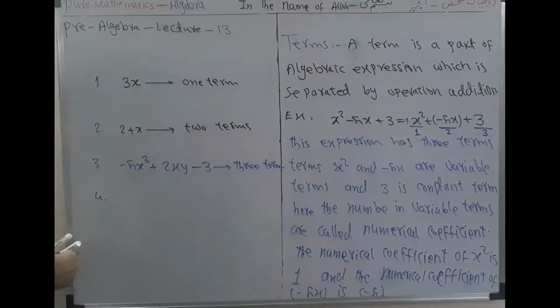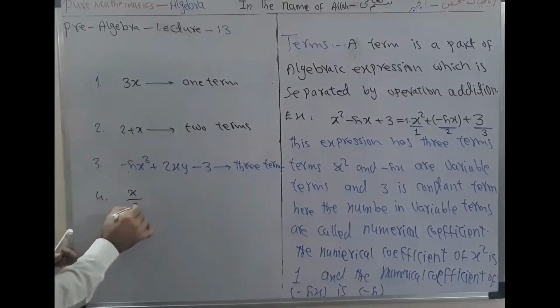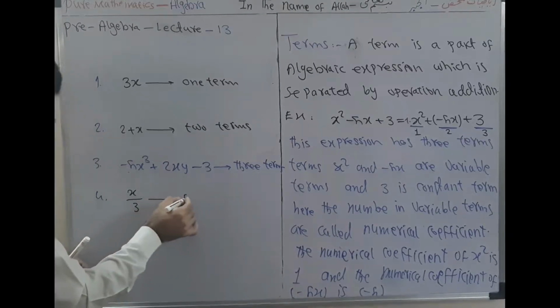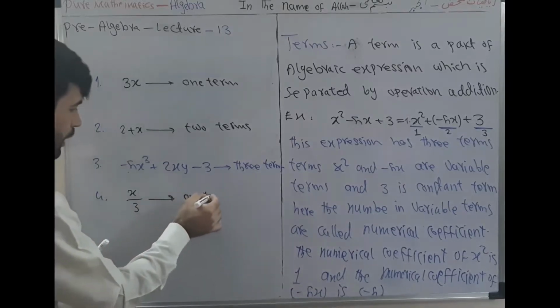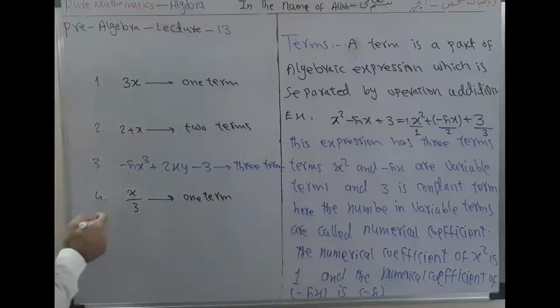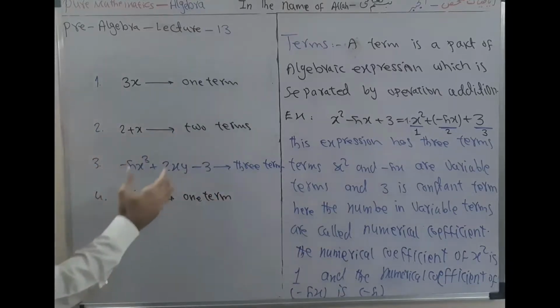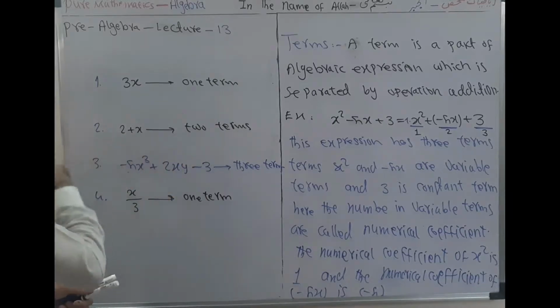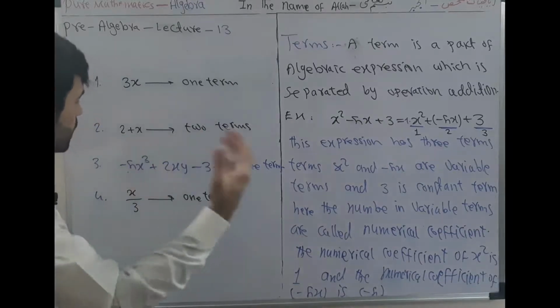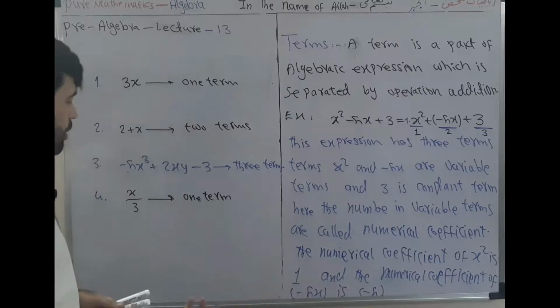Number 4: x divided by 3 is one term. Numbers or letters separated by addition operation make terms.